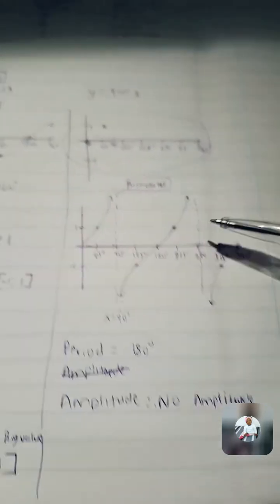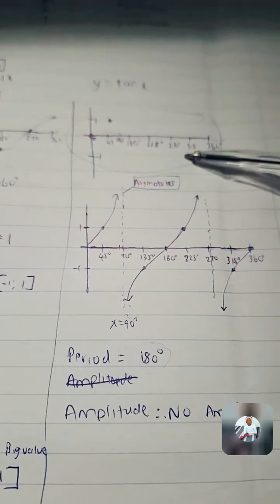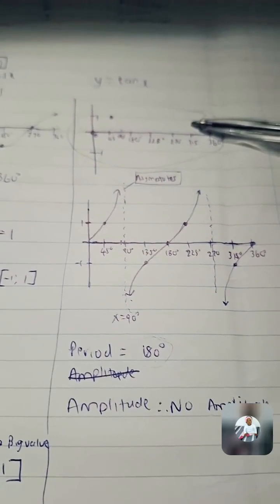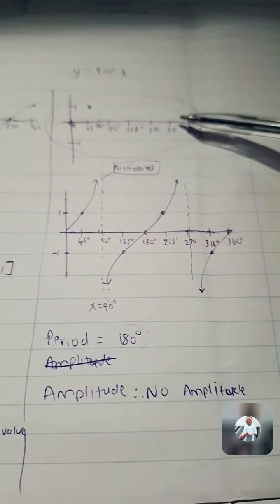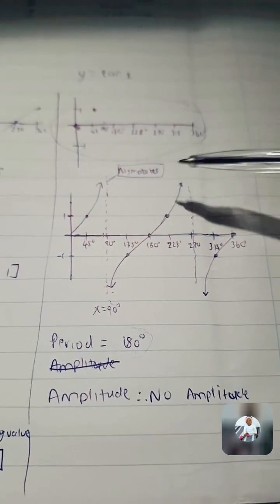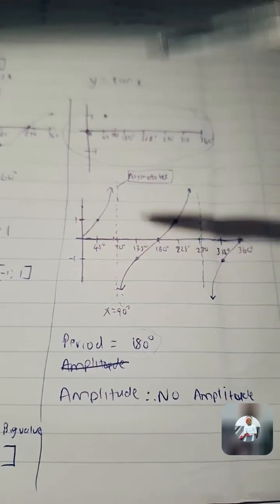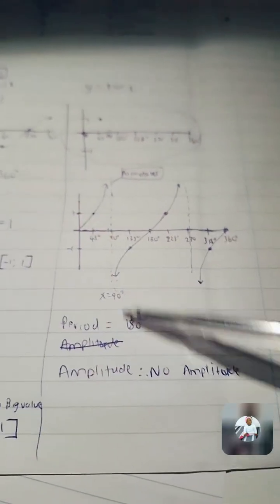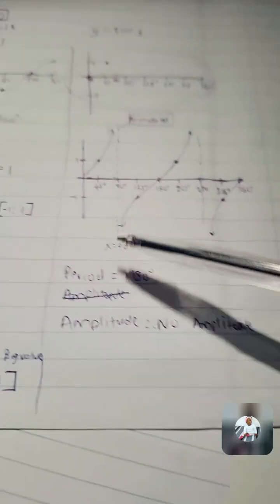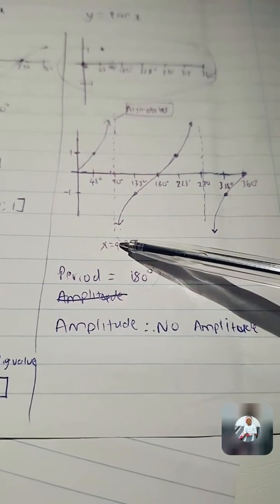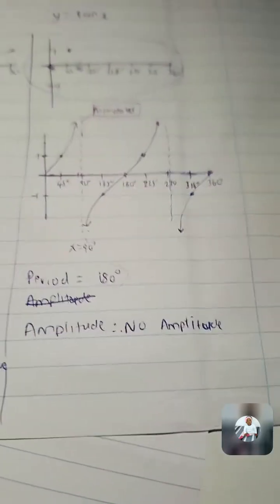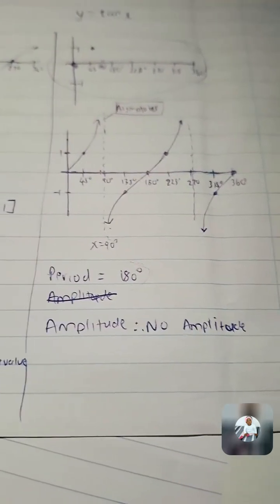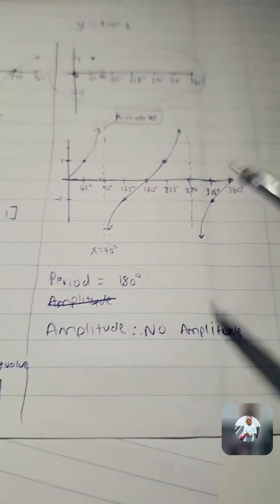With the tan graph, we can see that it can go on in the positive direction infinitely. And infinity, remember guys, is not a number. Infinity is just a concept in maths that shows us that numbers go on forever in a positive direction. Also, negative infinity is just a concept in maths that shows us that numbers go on forever in the negative direction. They are not numbers, those ones.